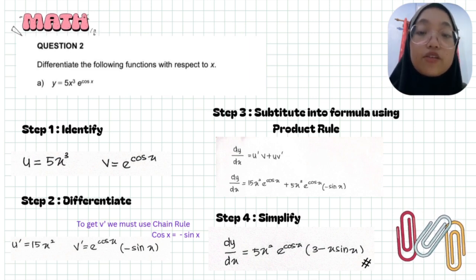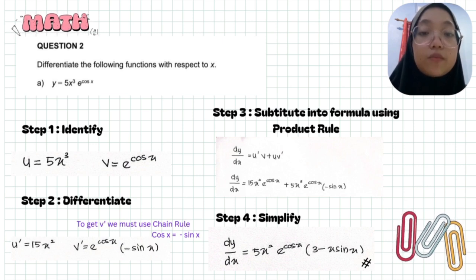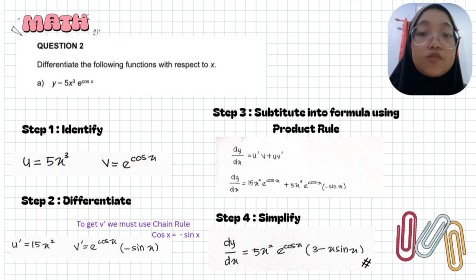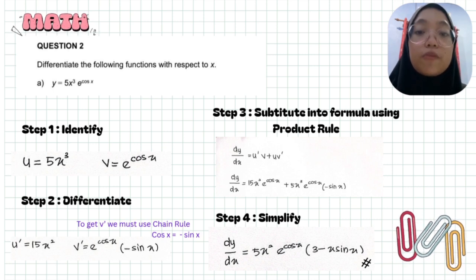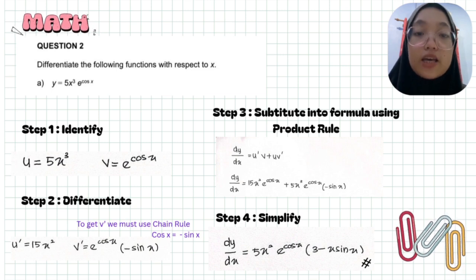And then for the v prime, we must use chain rule to differentiate, which is already in the formula. e to the power of cos x becomes e to the power of cos x times negative sin x. And then step 3 is substitute all into the formula using product rule. dy/dx equals u prime v plus u v prime, and then it becomes dy/dx equals 15x to the power of 2 times e to the power of cos x plus 5x to the power of 3 times e to the power of cos x times negative sin x.